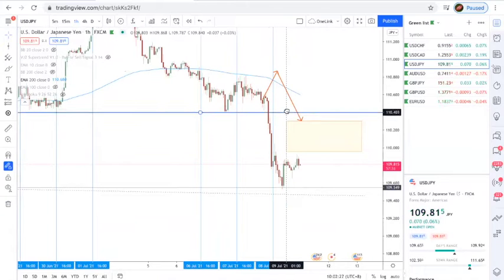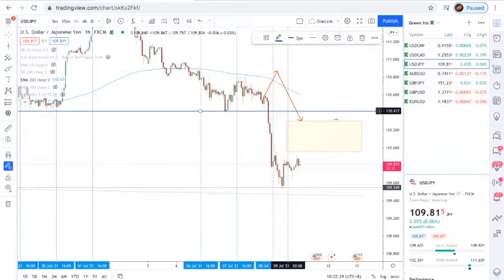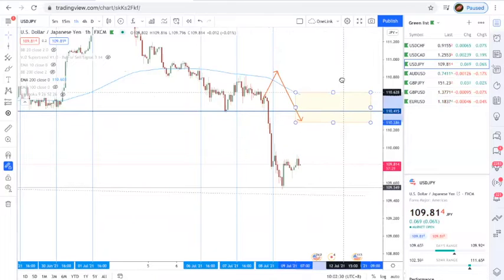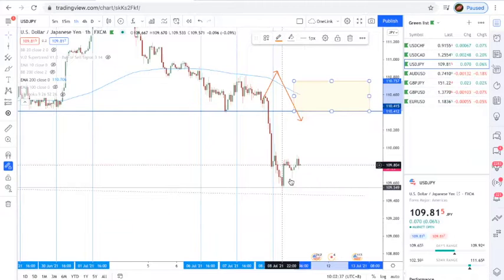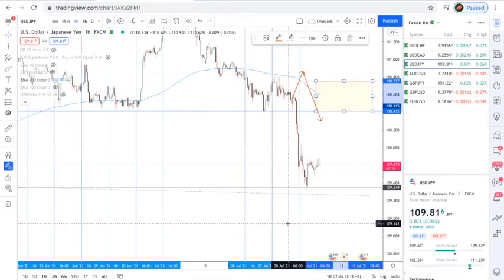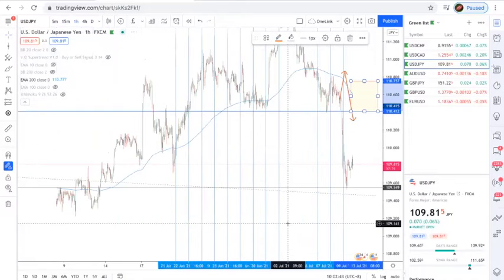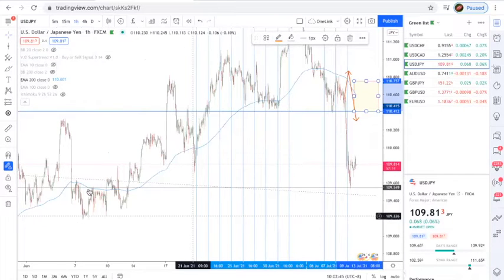So let us give a better option. I like to give a better option of looking, because this is what we're going to analyze. The price is already at this particular tip, so it's not going to do much movement here.